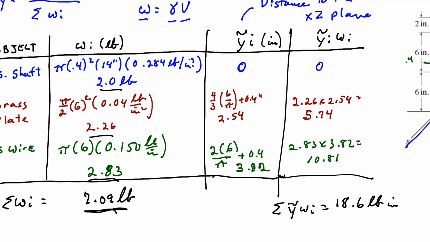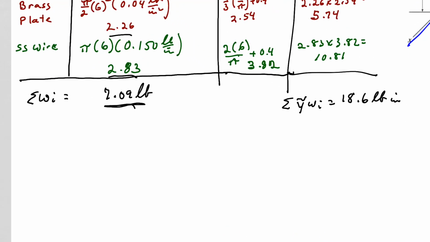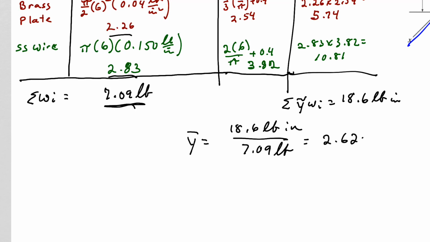So the last part of our equation is this Y bar. We have 18.6 pound inches divided by 7.09 pounds, which gives us a value of 2.62 inches. That is equal to our Y bar.